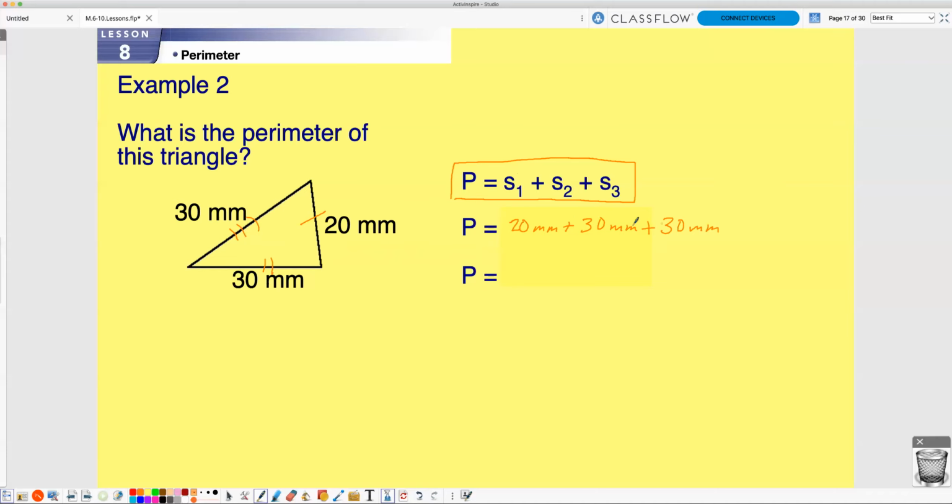Well, 30 plus 30 is 60, plus 20 makes 80. So this perimeter is going to be 80 millimeters. And that's just starting at any point and traveling back to the origin. So if this is the origin and I travel around it this direction and then I return back to the origin, that has been 80 millimeters in this example.